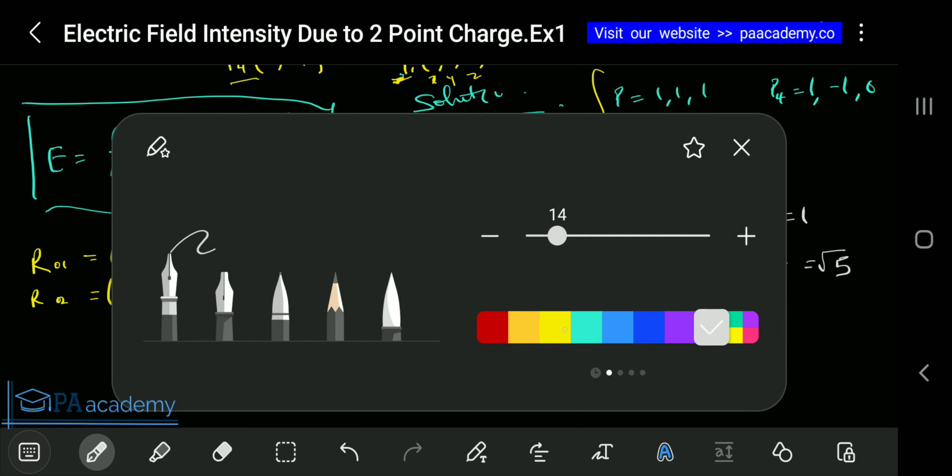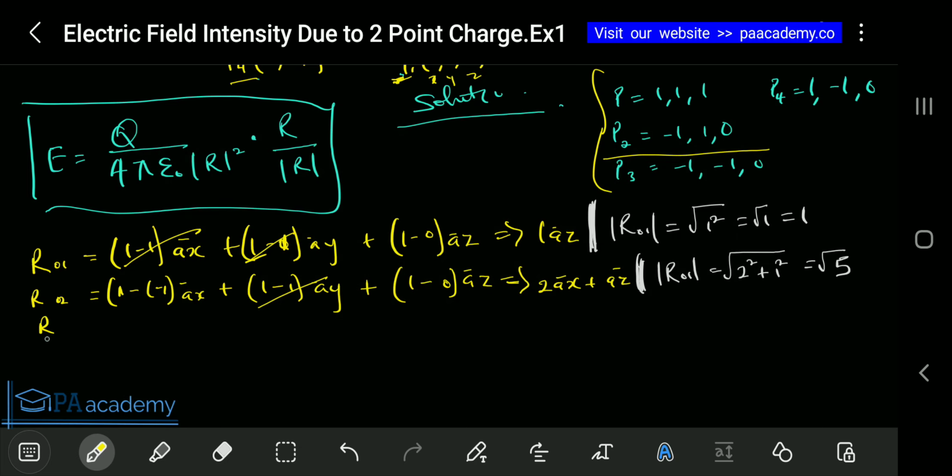So now let's calculate the unit vector for R03.